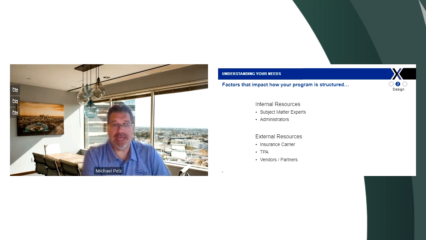Who is helping you manage that? Who is speaking on your behalf, not only to make sure these cases are being managed properly, but interacting with your employees to make sure they're having a good experience? If you're utilizing a TPA in conjunction with your insurance carrier, what are their roles and responsibilities? And do they understand all the different facets of your environment so they can work on your behalf?